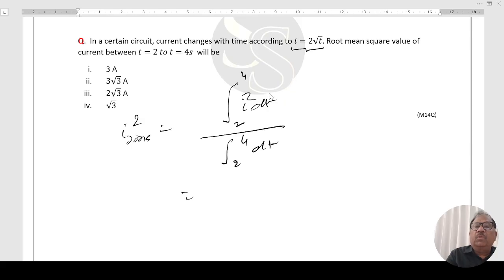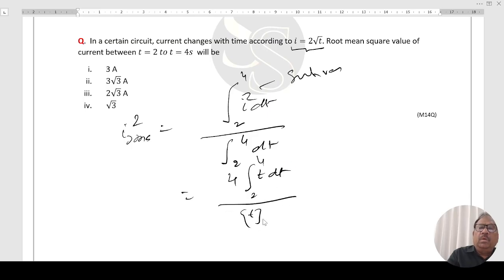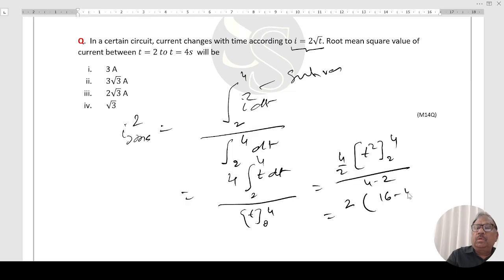Substituting the values, this comes out to 2 square, 4 taken outside, integral of t dt from 2 to 4 upon integral of dt from 2 to 4. This comes out to 4 t square by 2 from 2 to 4 divided by 4 minus 2, that is 2. 16 minus 4 divided by 2, that is 12 ampere square.